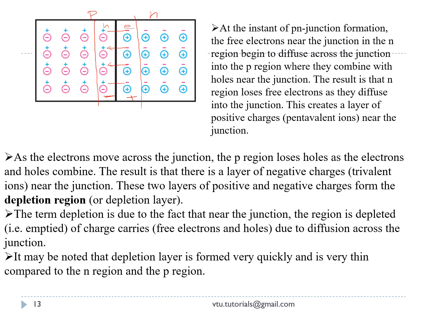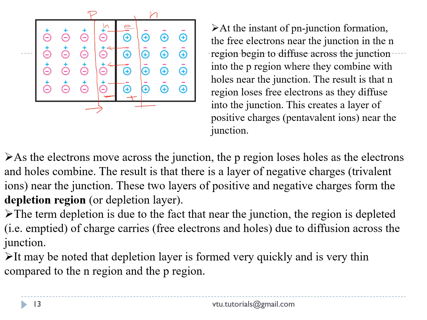As the electrons move across the junction, the p region loses holes and they recombine. The result is that there is a layer of negative charge near the junction on the p-type and a positive charge on the n-type. And this region is called the depletion region.